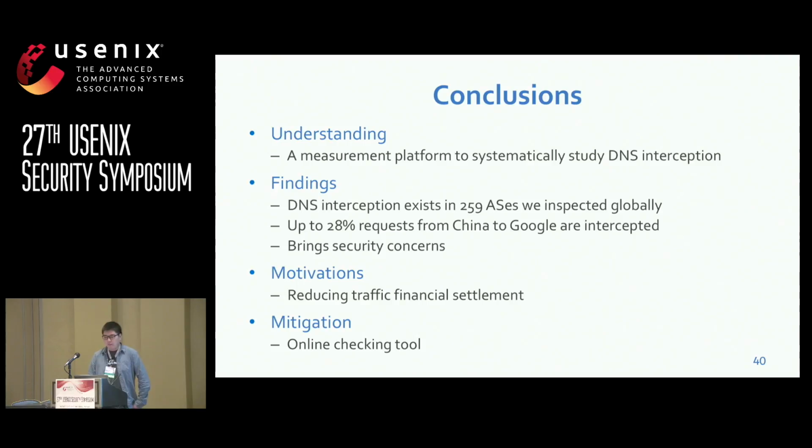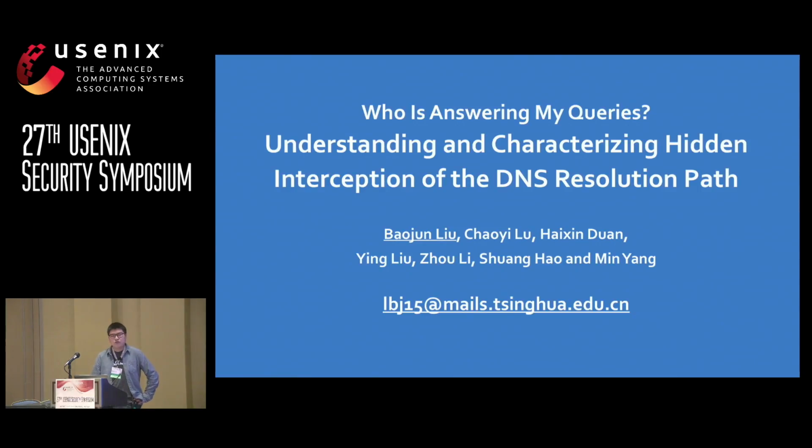Also, this behavior brings security concerns. Finally, we discuss the motivation behind the DNS interception and release the online checking tool. In the meantime, we are moving forward with an upcoming project to identify different kinds of interceptors. Thank you so much for your attention, and I'm happy to take any questions.